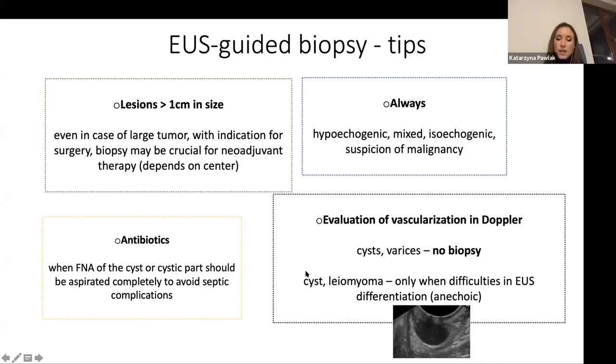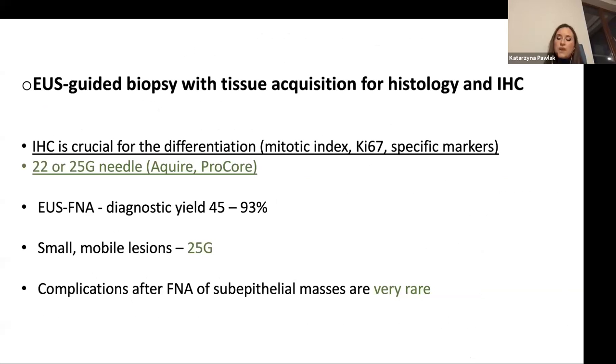Sometimes it is difficult to differentiate even cysts from leiomyoma when it is very anechoic. Like here you can see the leiomyoma which can imitate a cyst. So in some cases some extra examination in EUS should be performed.